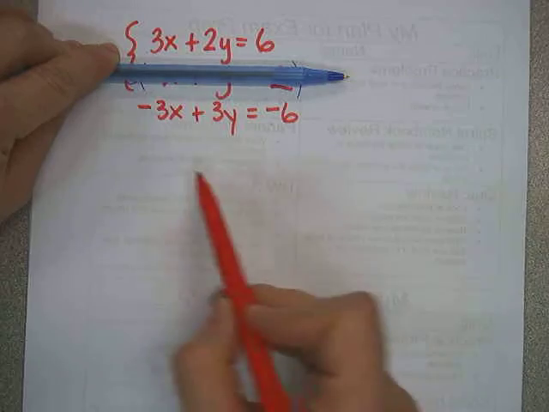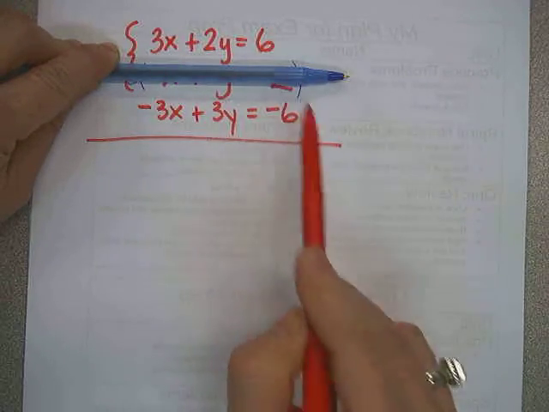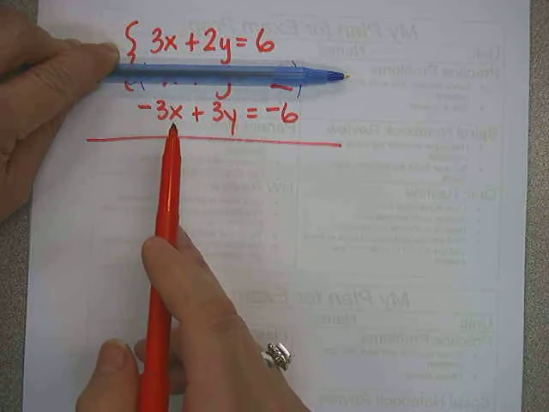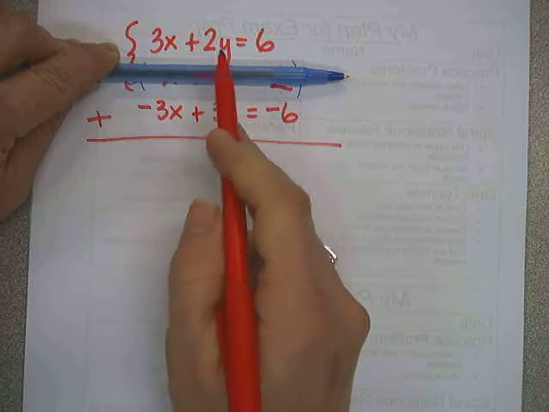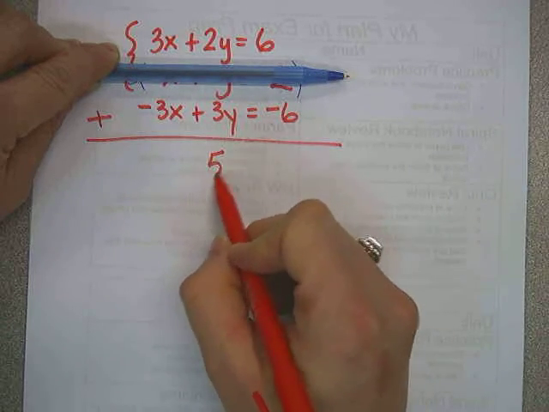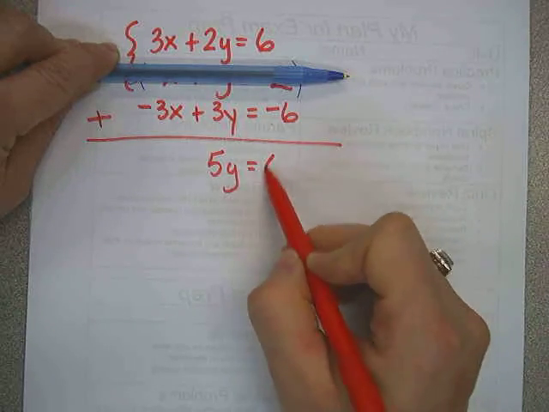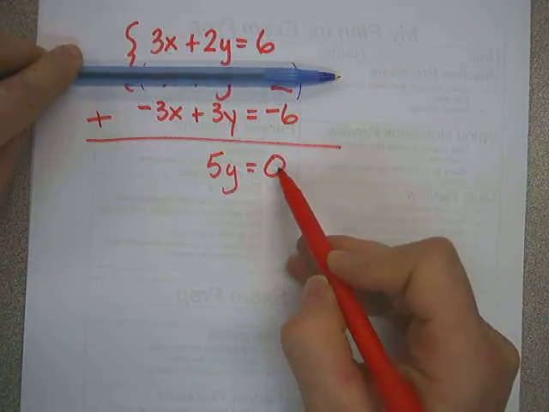Now the trickiest part is you want to kind of mentally close your eyes and get rid of the original. Or some students write them both over here. But now ask yourself, do we need to add or subtract to get these to cancel? And you can see that by adding, 3x and negative 3x would become 0x. 2y plus 3y is 5y.